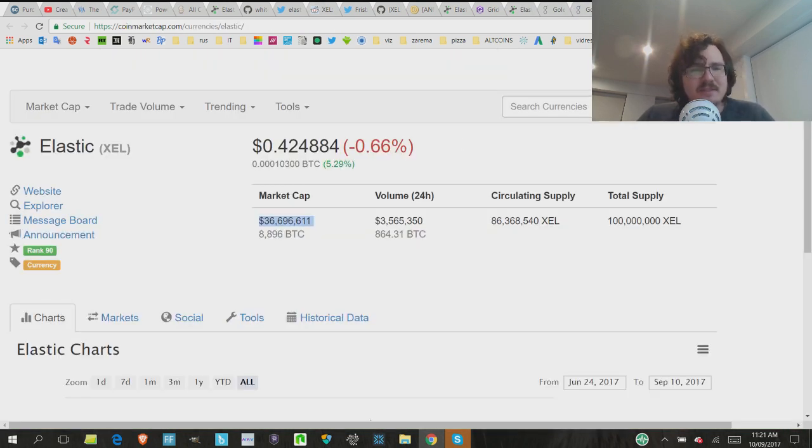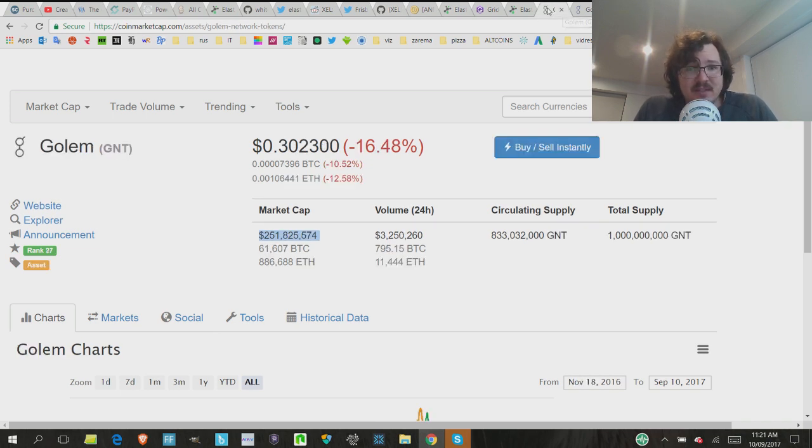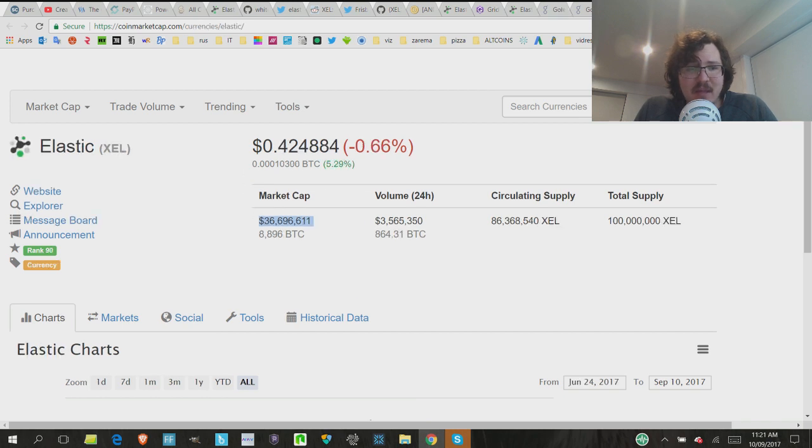If we saw Elastic ever get it together, release everything and be a fully functioning decentralized supercomputer, and if we were to see a similar market cap to Golem, remember, $250 million market cap here, guys, wow, that would be some amazing growth for anybody holding Elastic.